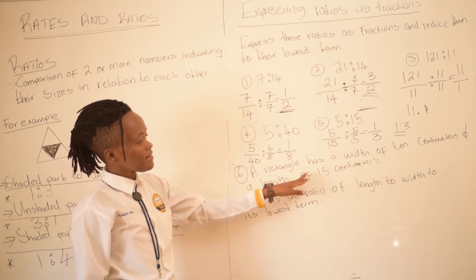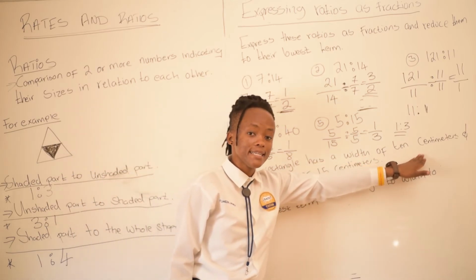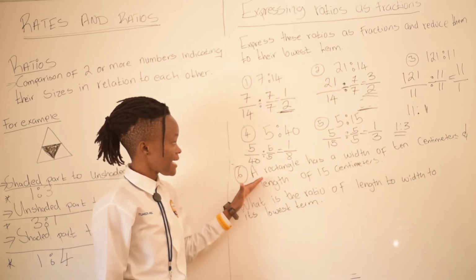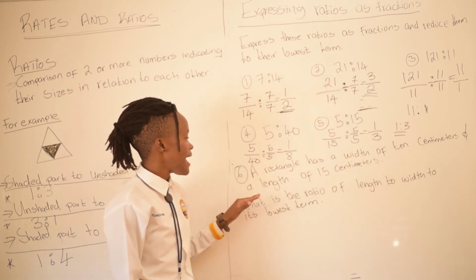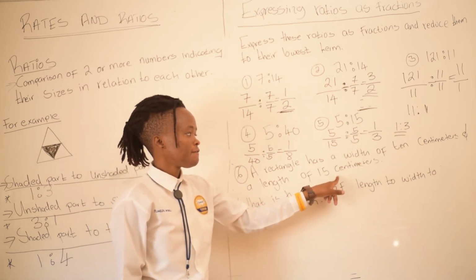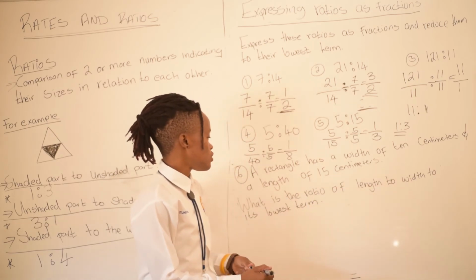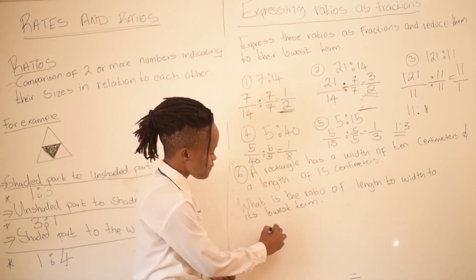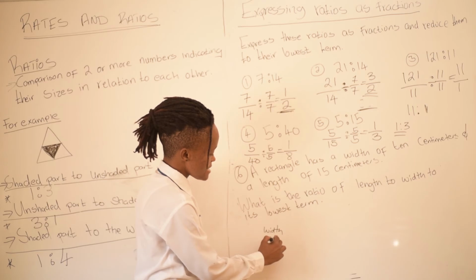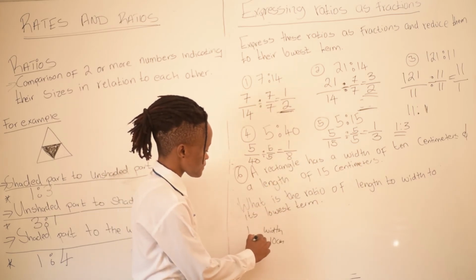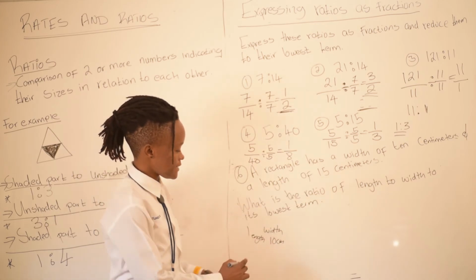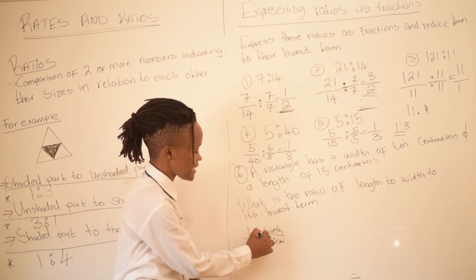A rectangle has a width of 10 centimeters and a length of 15 centimeters.